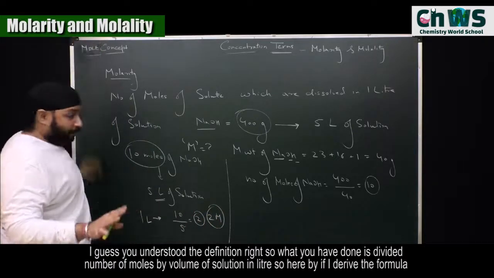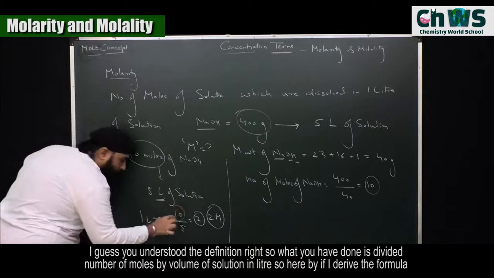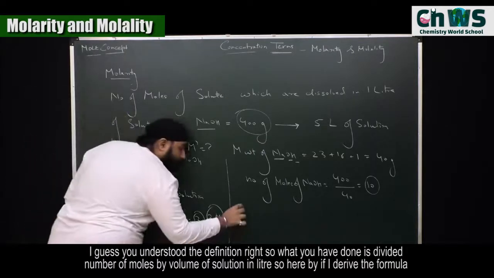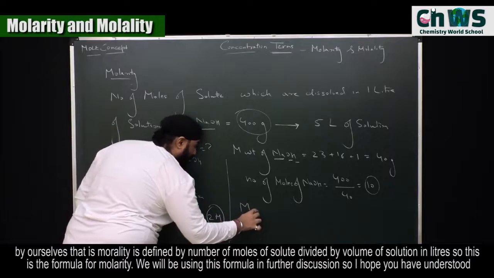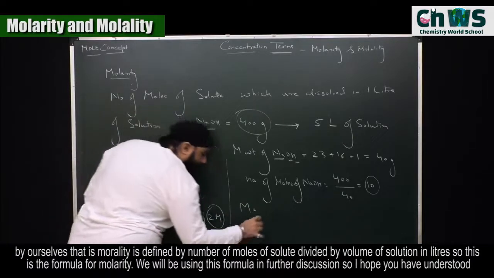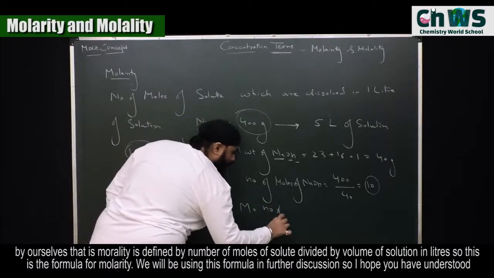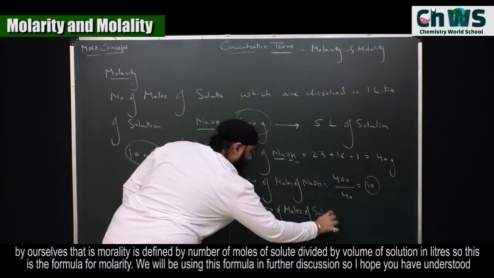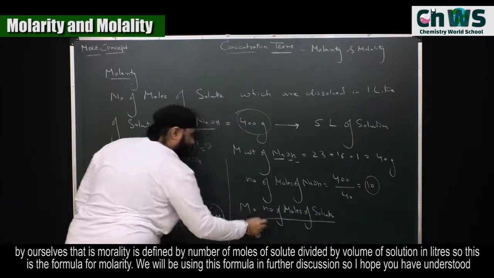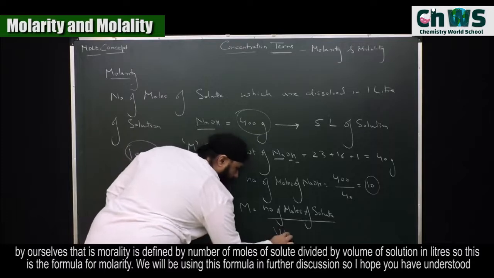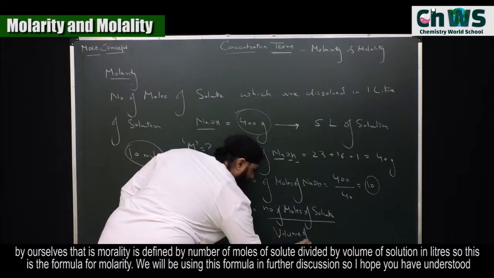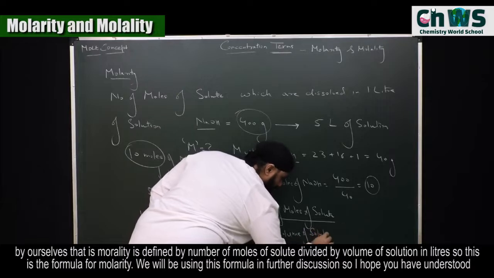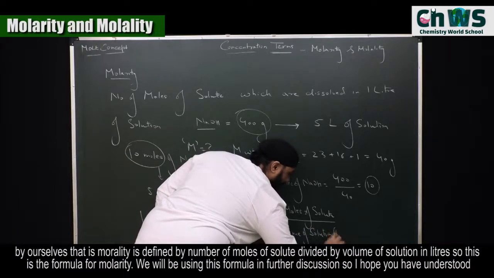So what you have done is divide the number of moles by the volume of solution in liters. Hereby you have derived the formula by yourself: molarity is defined as number of moles of solute divided by volume of solution in liters.